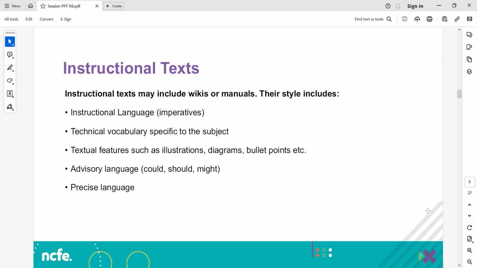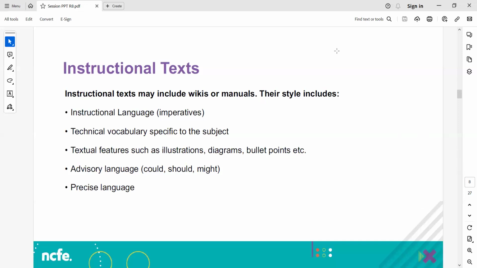It may include features such as diagrams, illustrations, and bullet points, and advisory language. So as well as those imperative or command verbs, it might include advisory language as well. So could, should, might. And there'll be precise language as well.